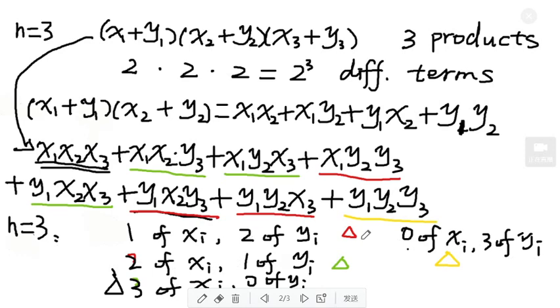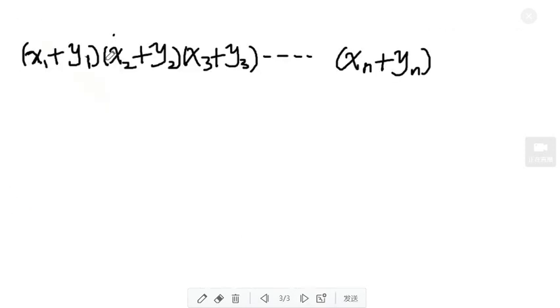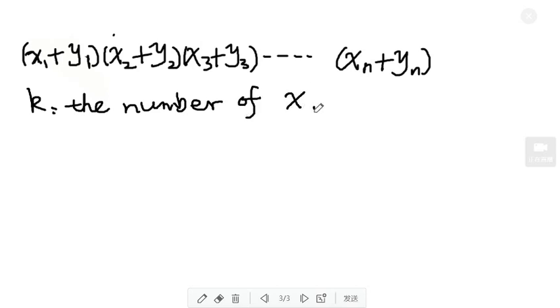Then we can make a note, okay? Let k mean the number of xi chosen. What is the number of y?